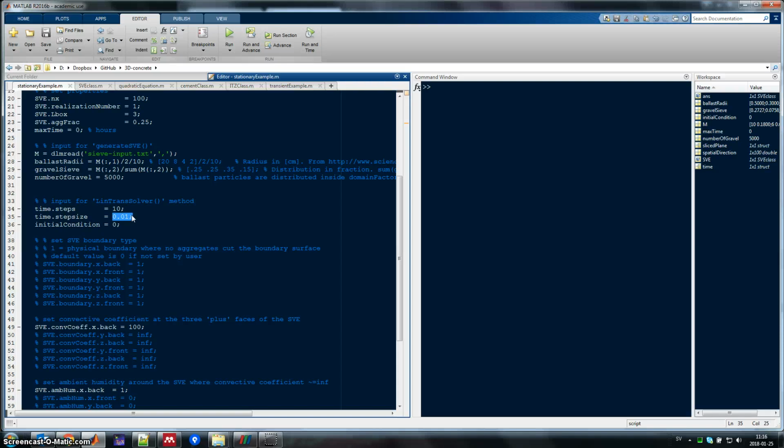So whatever unit you have, if you have the diffusion coefficient measured in terms of seconds, then this will be seconds, or if you have it in terms of years, this will be years. And this is just some integer value, just a number of steps. And then the initial condition is the concentration at time equal to 0 inside SV. So in this case, I will just use 0 as a reference.